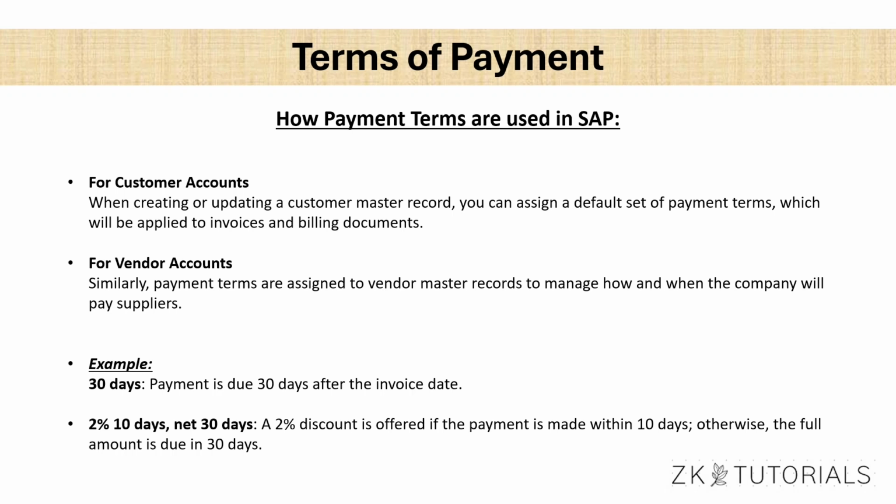Similarly, if we go to vendor B, he will not give 60 days. He might give only 30 days. By this, we can understand that there should be two types of payment terms, and these two different payment terms should be assigned to two different vendors as per the agreement which we have agreed upon with them.